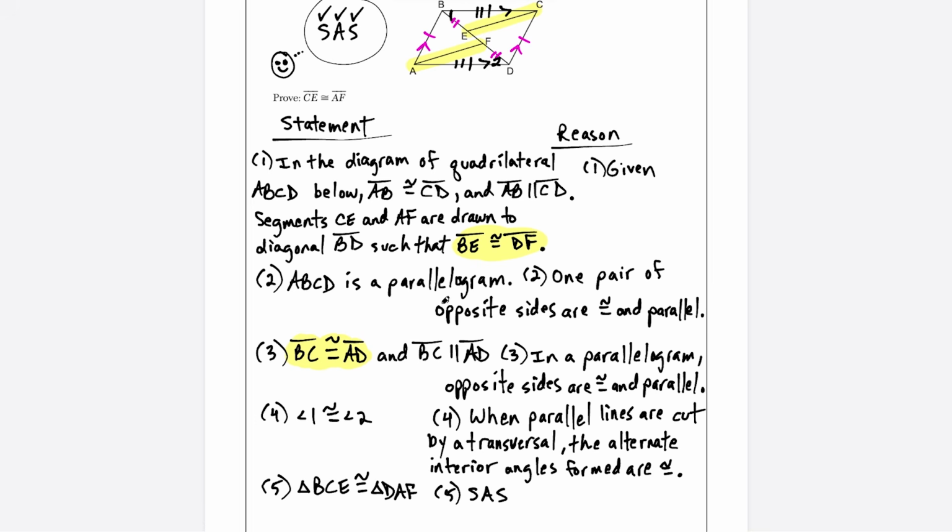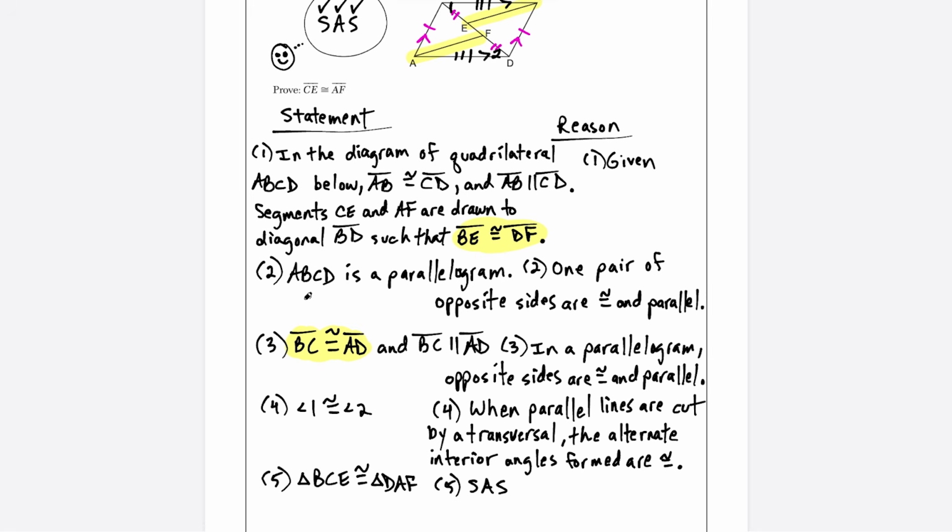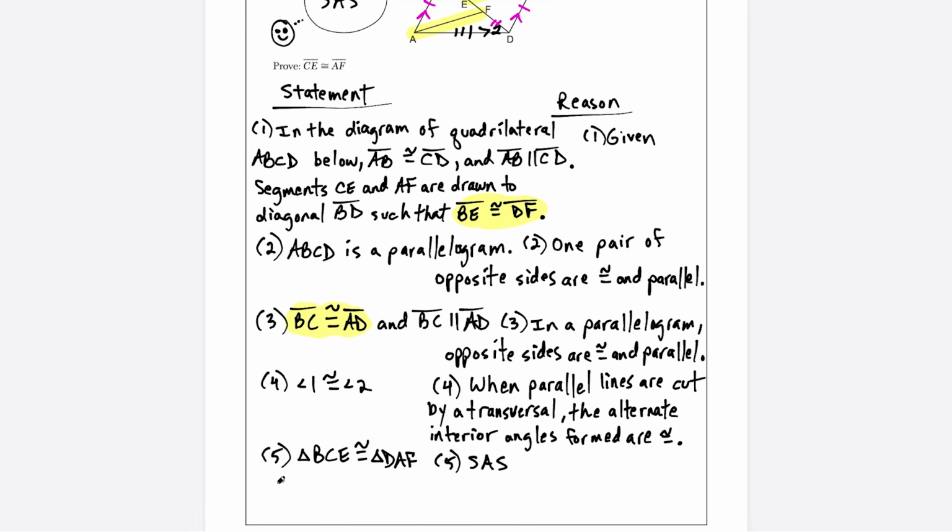But now that we've established that both of these triangles are congruent, we could make the final statement here and say that line segment CE is congruent to line segment AF. Okay, so this is true because corresponding parts of congruent triangles are congruent.